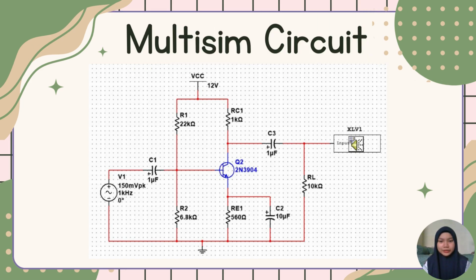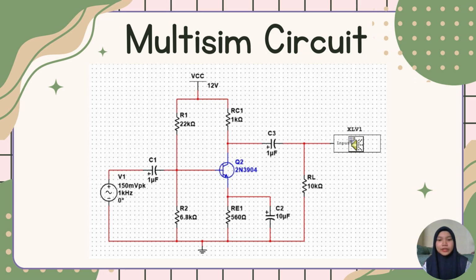Assalamualaikum. My name is Zaitul Khadijah and I'm going to present about our circuit. So this is a BJT common emitter amplifier single stage, and as we can see the VCC is 12 volt, while the amplitude from the function generator we inject is 150 millivolt peak to peak, while the frequency is 1 kilohertz.